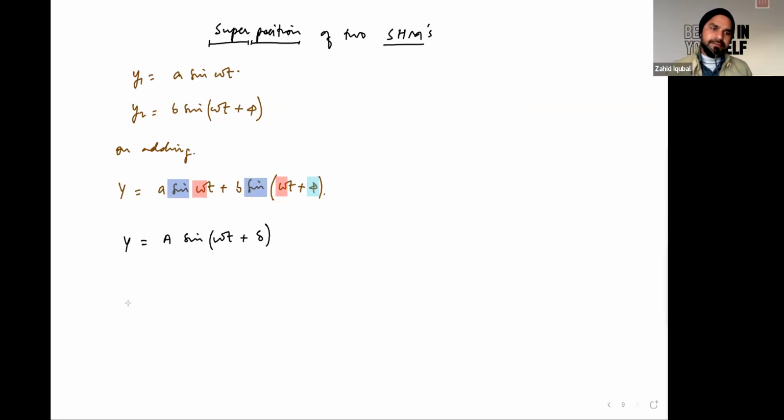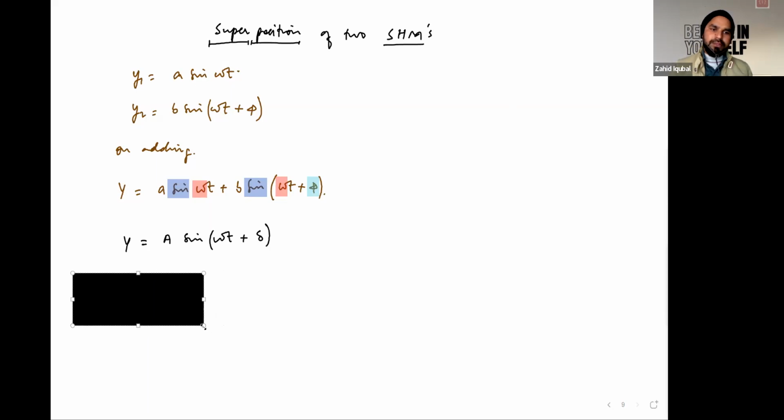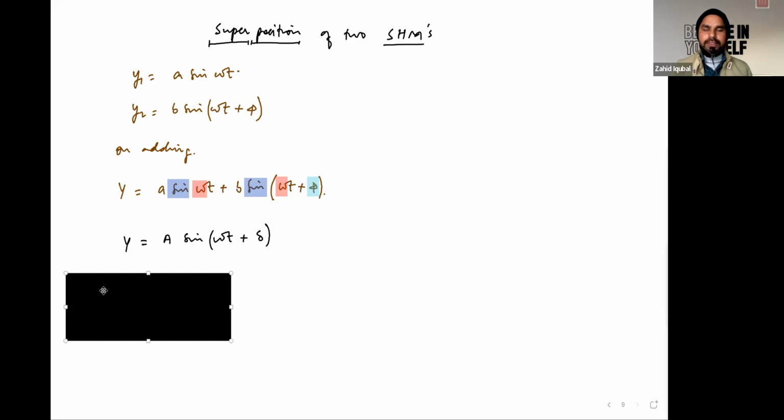Let me define you. We have already done vector in which I defined you how to calculate magnitude of resultant of any two vector. Similarly, this capital A will act as resultant or magnitude of resultant.